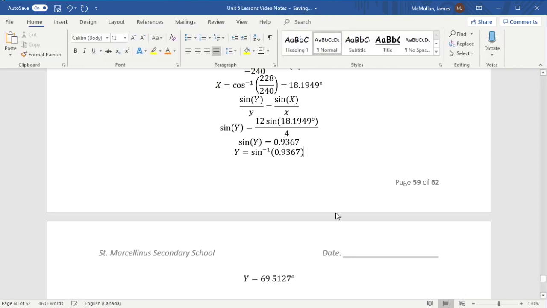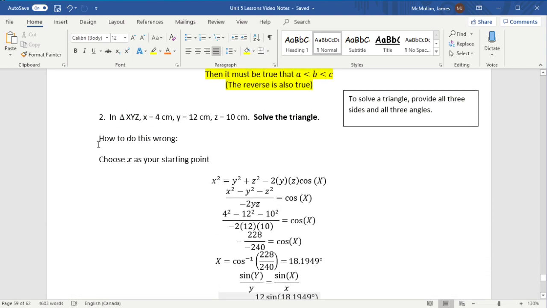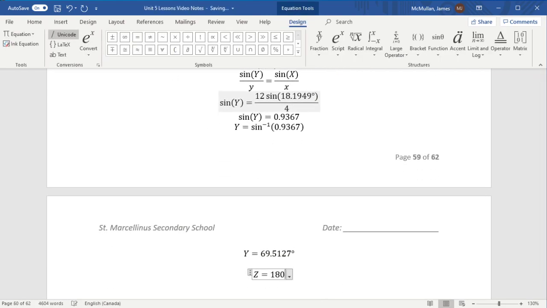Okay. Now, I have made no mistakes here, and yet this is wrong. It's wrong because think about what my next step would be. My next step would simply be to provide angle z, right? And z would be 180 minus x minus y, because we know that x plus y plus z has to equal 180, right?